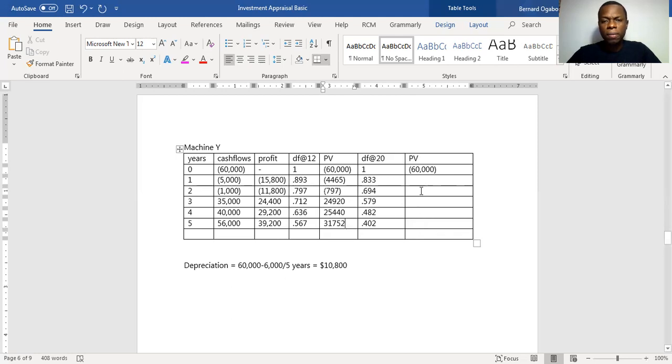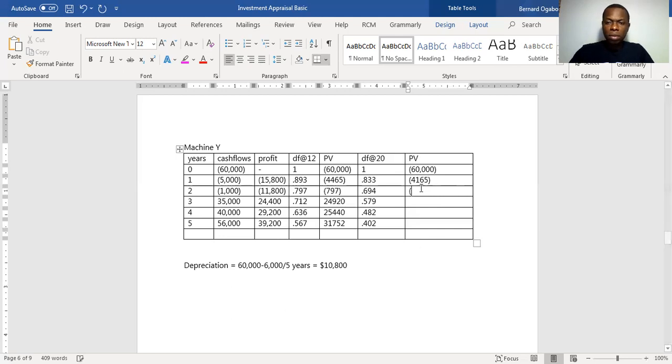So we come to this place, 0.833 multiplied by 5,000, still against the negative cash flow for year one. That gives us 4,165.